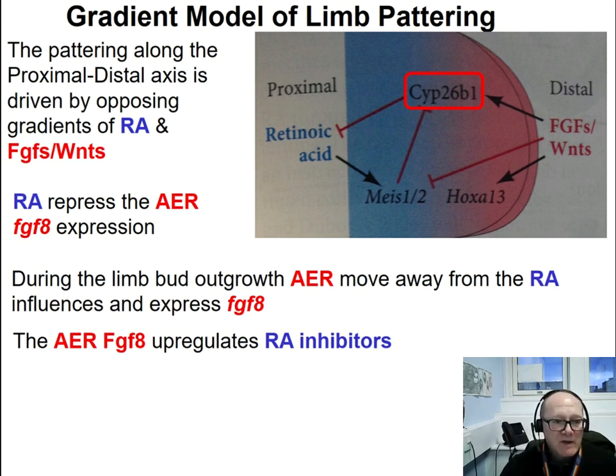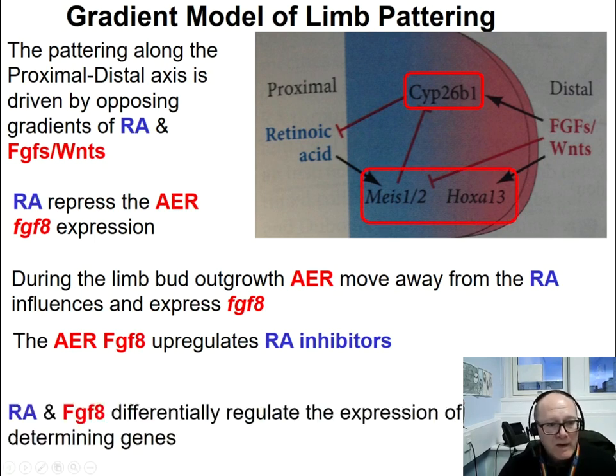So these inhibitors reinforce even more the distal to proximal gradient of FGF8 and proximal to distal gradient of retinoic acid.